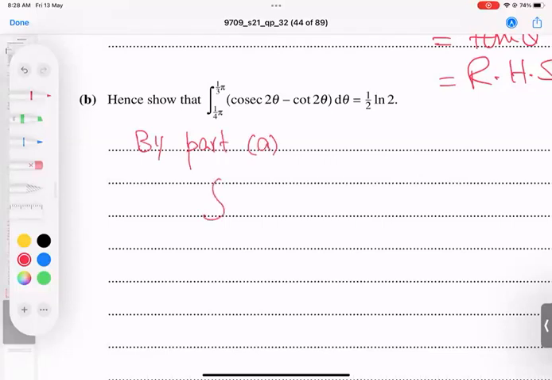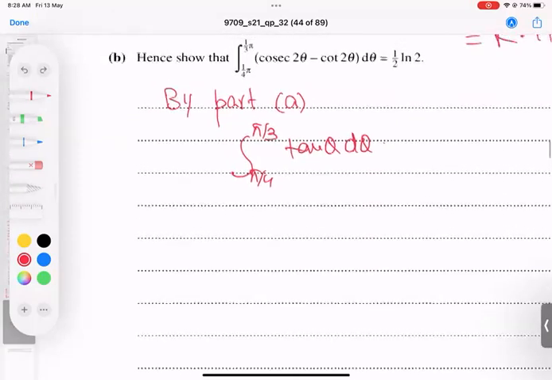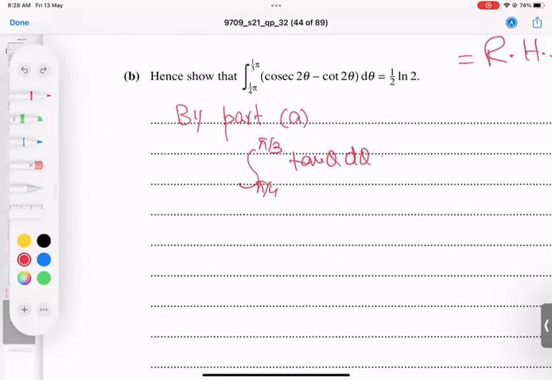So I can see here what? Pi by 4, pi by 3, and here I'm writing tan theta and d theta. We have to show this connection, link, okay? Show this value. What is tan? All of you know sine by cos. So sine over cos.